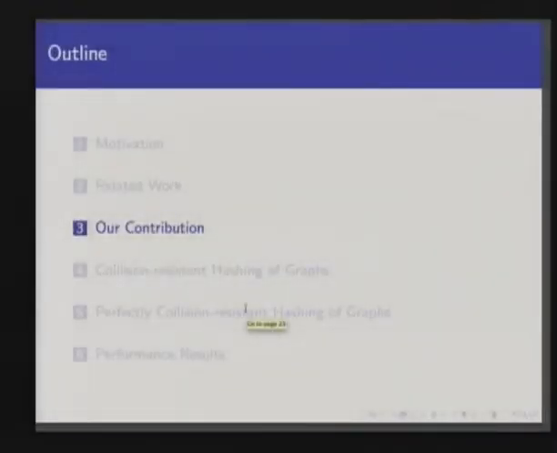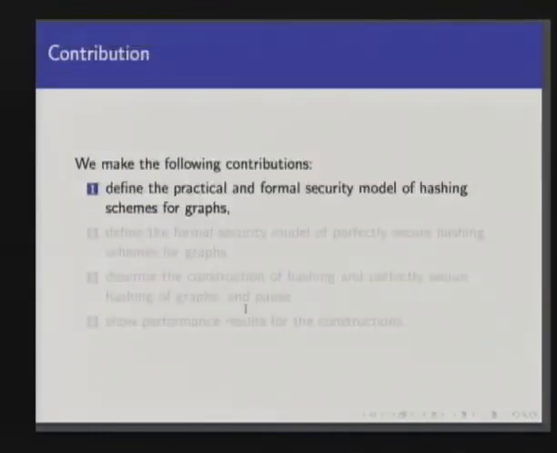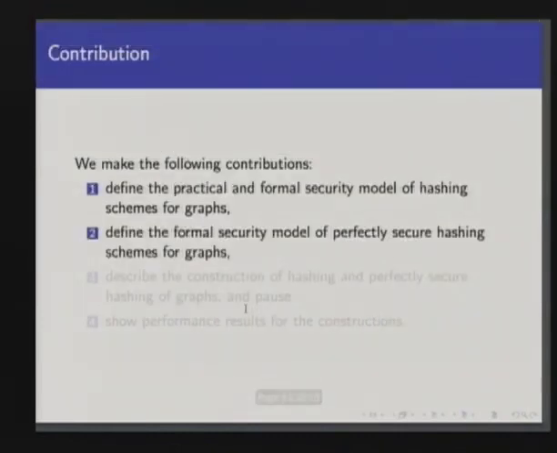So what are the main contributions we made in this work? We define the practical and formal security model for hashing schemes for graphs. We define the formal security model of perfectly secure hashing schemes for graphs. I will elaborate on what it means for a hashing scheme to be perfectly secure.